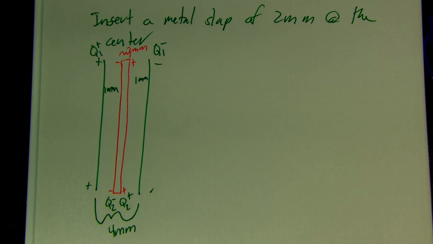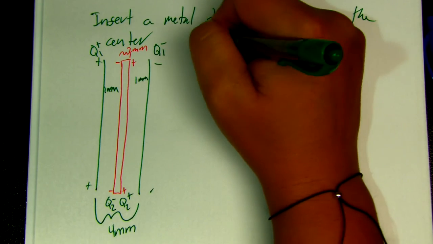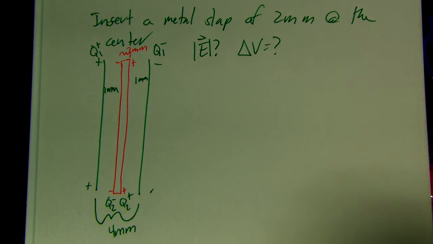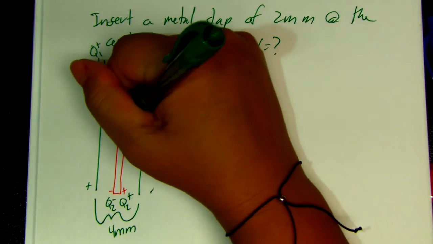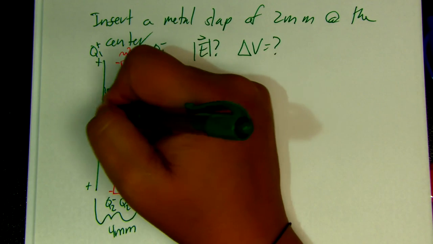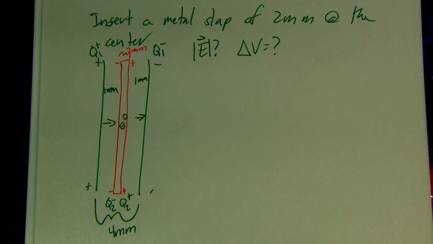So we want to look at what's going to happen to the electric field as a result of this, and also E and delta V. Okay, so we know that E inside the metal is going to be 0, and this field will still point to the right.